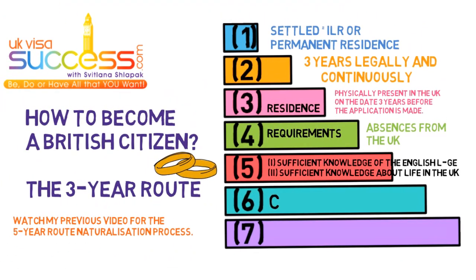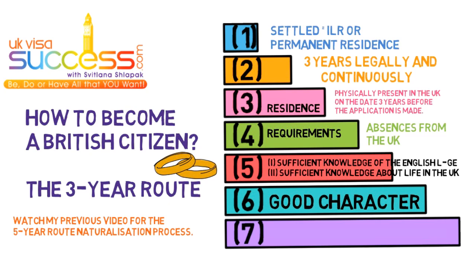Key element number 6 is the good character requirement. Failure to meet this particular requirement is the second major reason for the refusals of naturalization applications. This is such a vast topic, and it should be fully understood before you make your application.